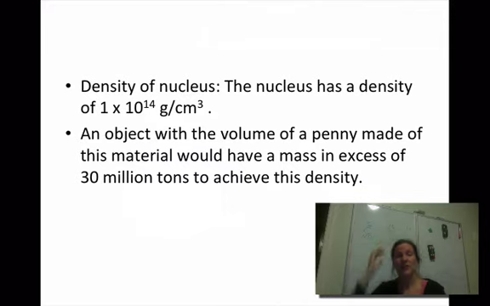And the nucleus is so dense. We talk about density, mass per volume, right? The density of the nucleus is 1 times 10 to the 14th grams per mL. Now the nucleus is so tiny that we're talking like a fraction of a gram, but if we got it up to the size of a gram, it would be 1 times 10 to the 14 grams in 1 mL.